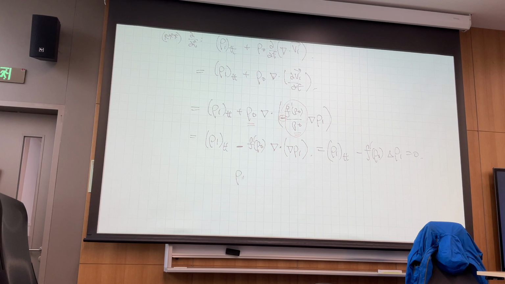Or partial squared rho 1 partial t squared equals f prime rho 0 times the Laplace of rho 1. Indeed, this is what kind of equation? The equation of vibration, right? It's the equation of vibration.